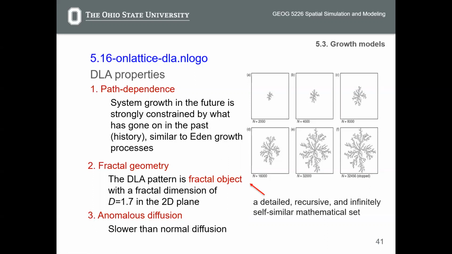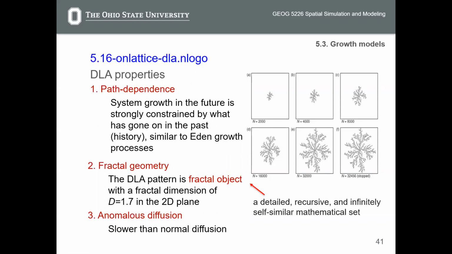This is good enough for this course, but if you're interested in fractal shapes or the mathematical theories of fractal shapes, you may learn more from the internet or other places. What you need to know here is that the spatial pattern produced by DRA is a fractal object. It has a dimension of 1.7 and it's scale irrelevant.